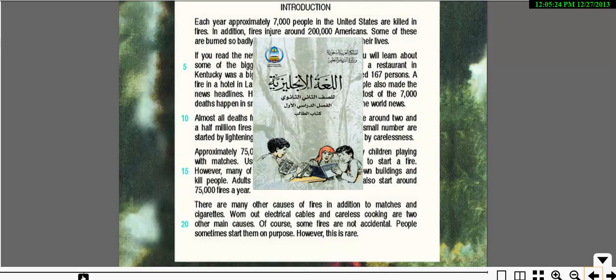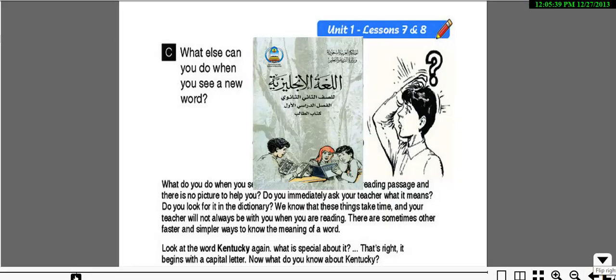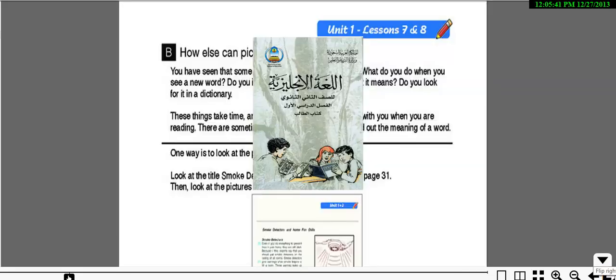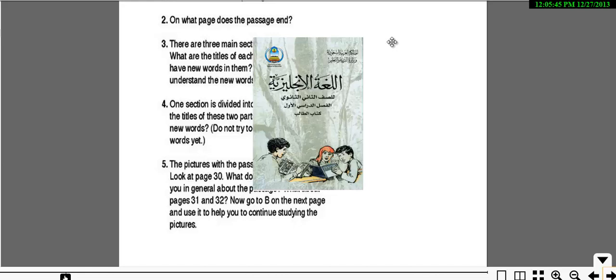So, three main parts of the passage. There's an introduction here, but there's not much continuation about it. I think Mr. Curriculum Designer, we need some kind of explanation about what's happening here. Anyway, don't just focus on this, just focus on the sections.